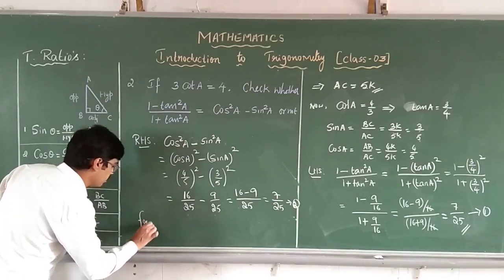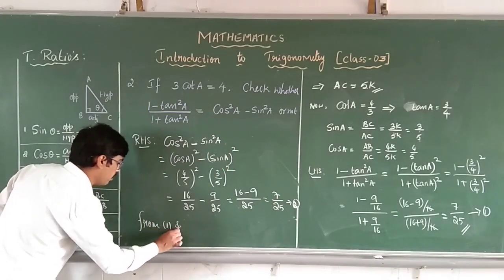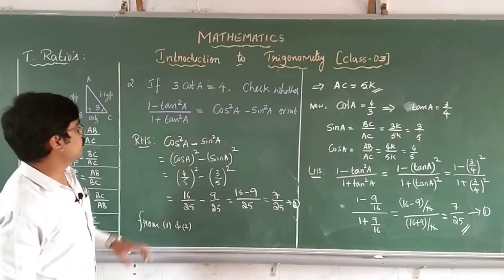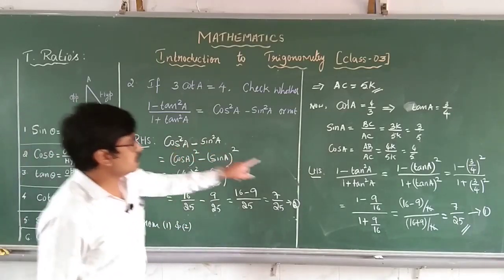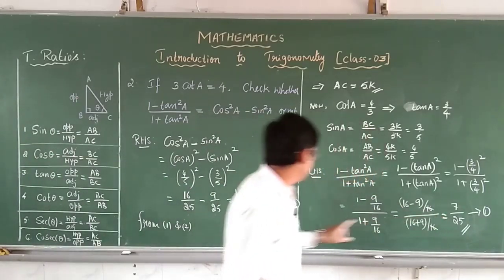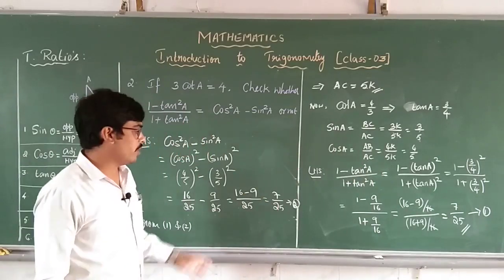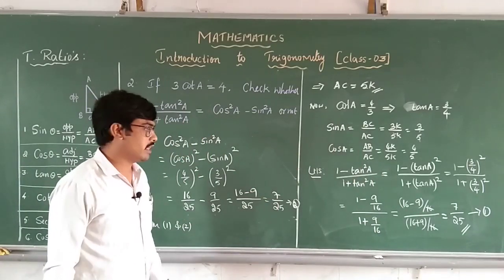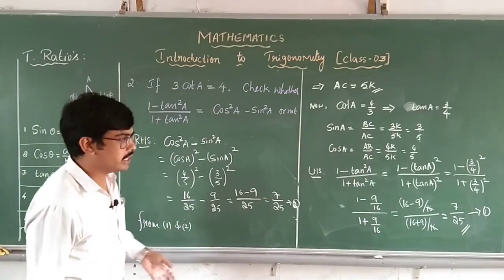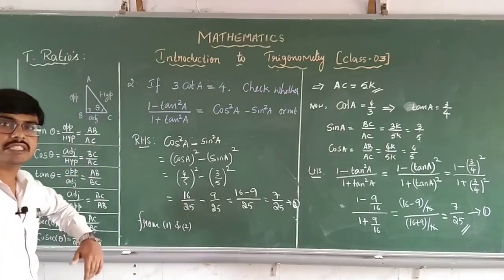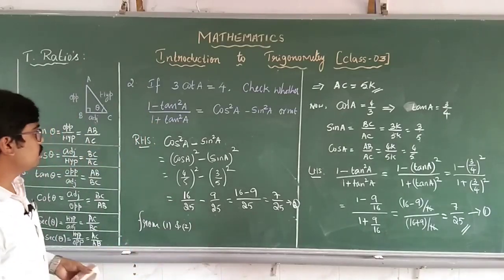Now from 1 and 2, we can observe that both are equal to the same thing, 7 by 25. Right hand sides are equal. We studied in Euclid's axioms that things which are equal to the same thing are equal to one another.